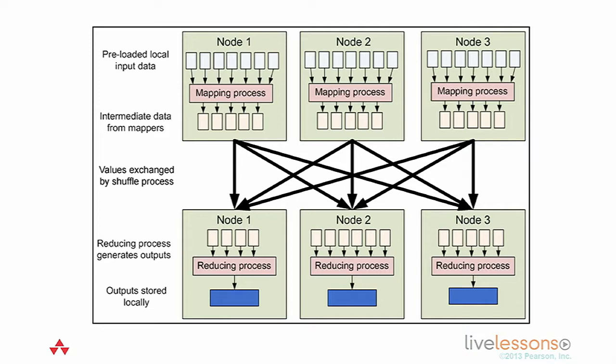So what we have here is a diagram depicting what I just showed you without all the data, and it has the mapping and shuffle and reduce step. So in this case, we're looking at basically a 3-node cluster. And how this all works out is there is a main process in Hadoop called the job tracker. And this is running on what's known as the job tracker node.